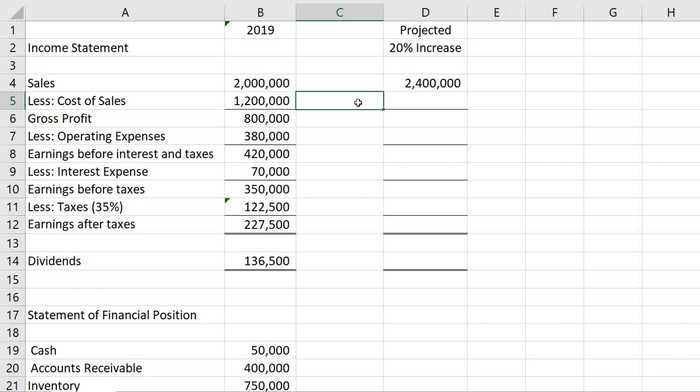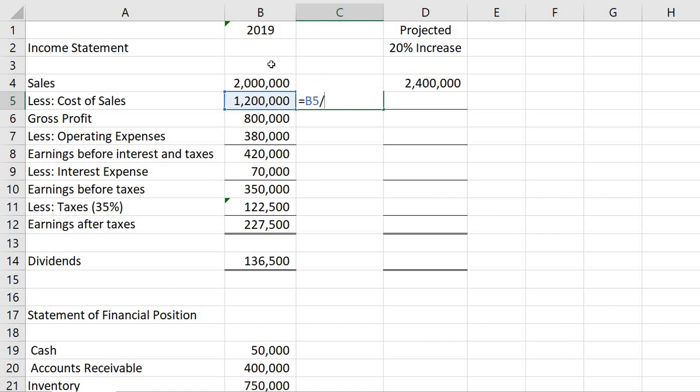Now, how do we prepare our projected income statement? That is the very first step. Based on your SIM, there are computations given. It says you start with the item. In this case, we are trying to compute the projected cost of sales.